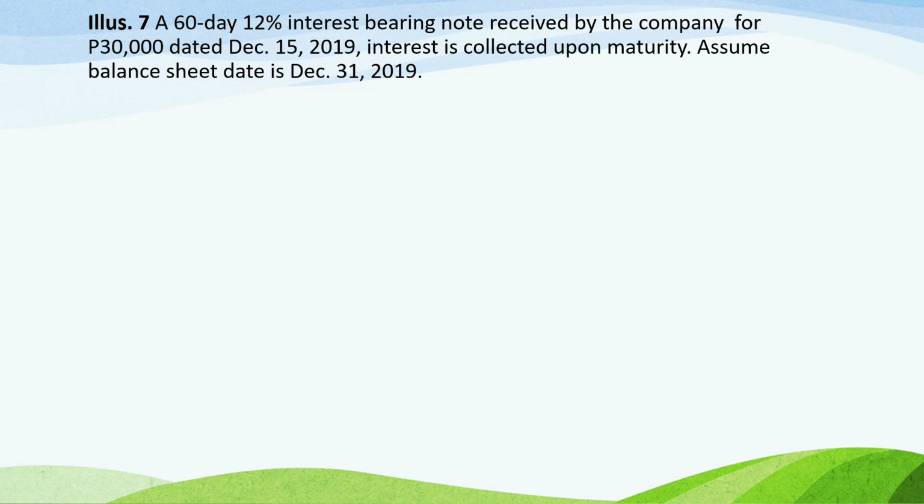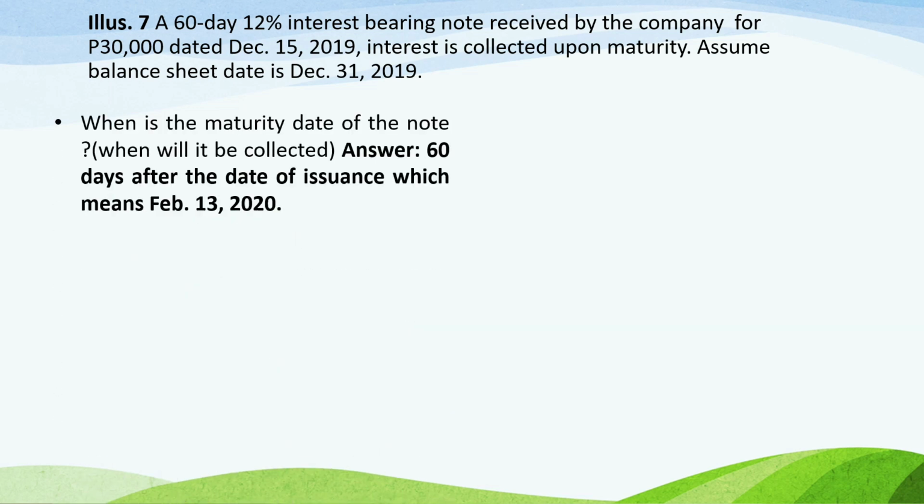Whereas a while ago, it was notes payable issued, meaning we were the borrower. Here, we are the one that can collect from the note. So when is the maturity date of the note?